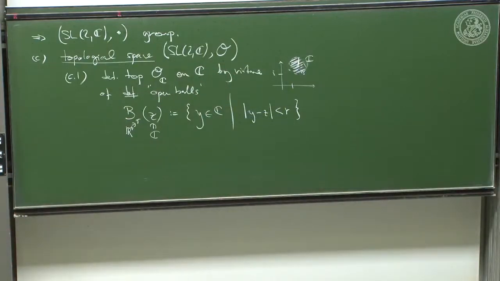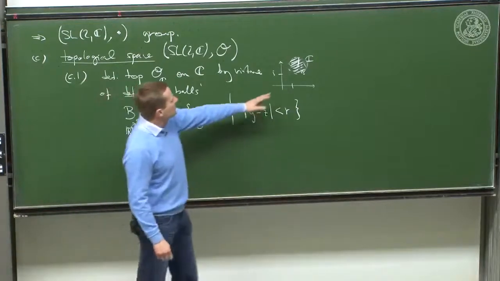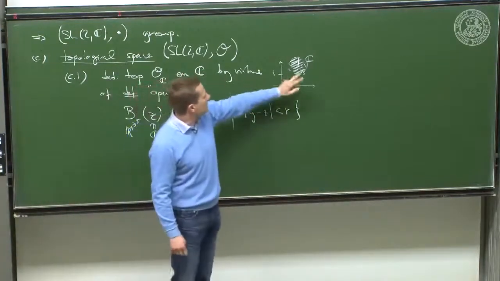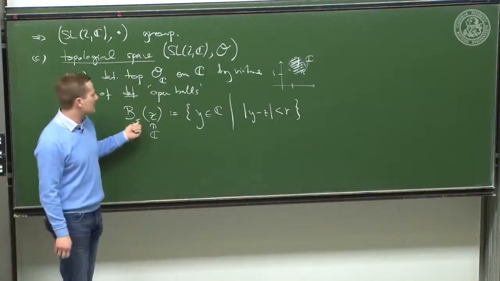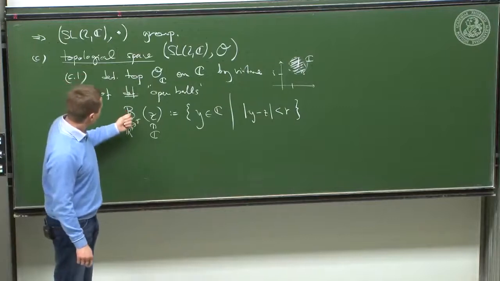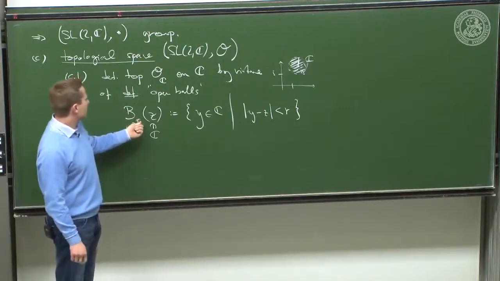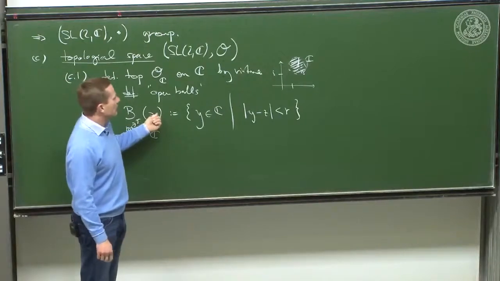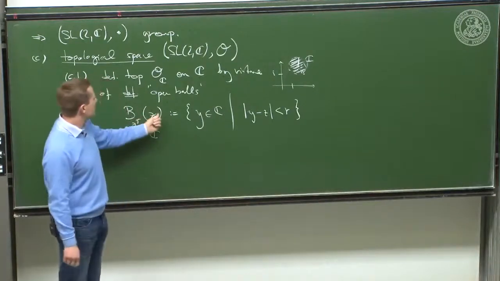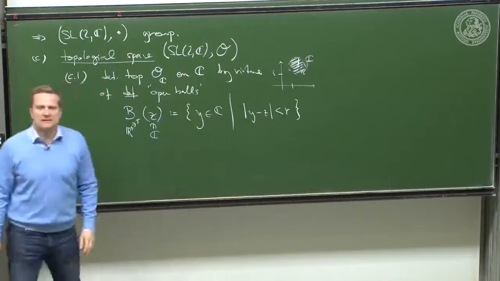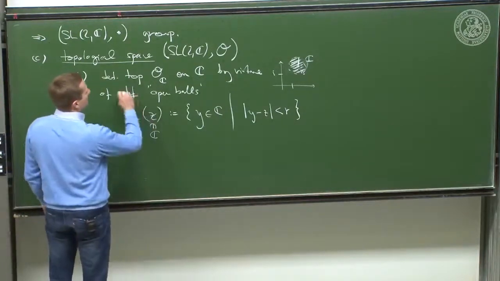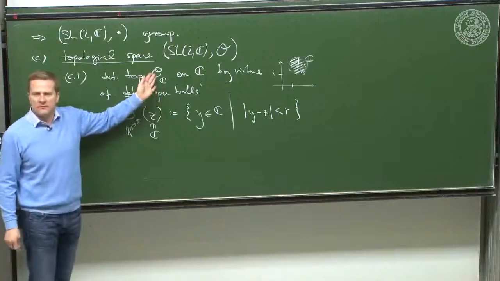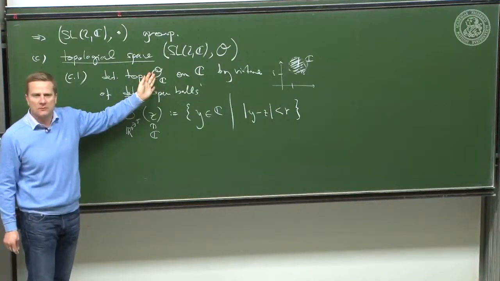So you define these guys, and then the standard construction, you call a subset of C open if for every point of this subset there exists a positive real number such that the ball with that radius around that arbitrary point lies entirely within that subset. It's exactly the same construction like in R or in R2, okay? And obviously this yields a topology on C. Further remarks needed? No? Okay, good.